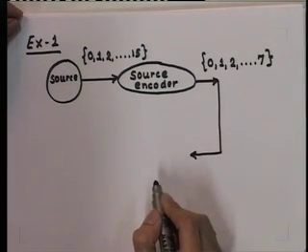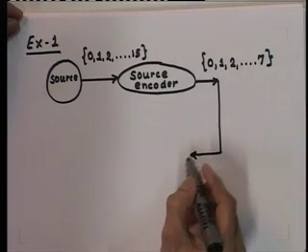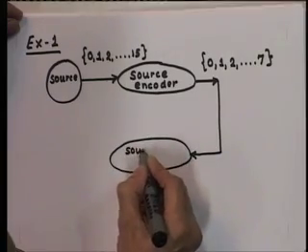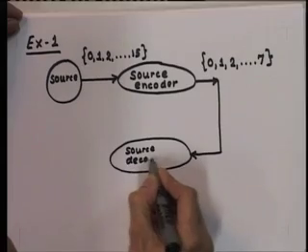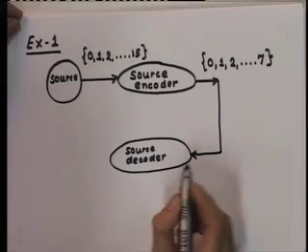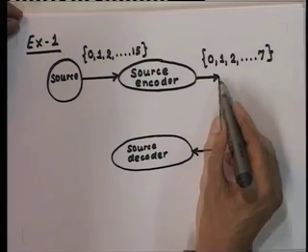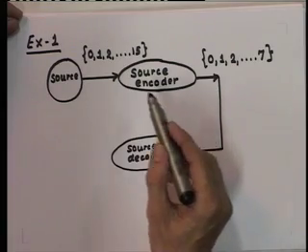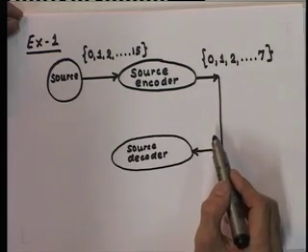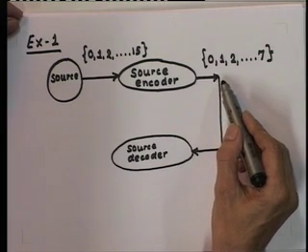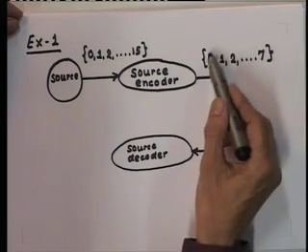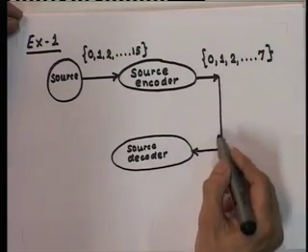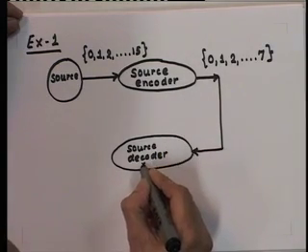we have a source decoder, and the job of this source decoder is to reconstruct the output by shifting in a 0 as the LSB, or in other words multiplying the source encoder output by 2.